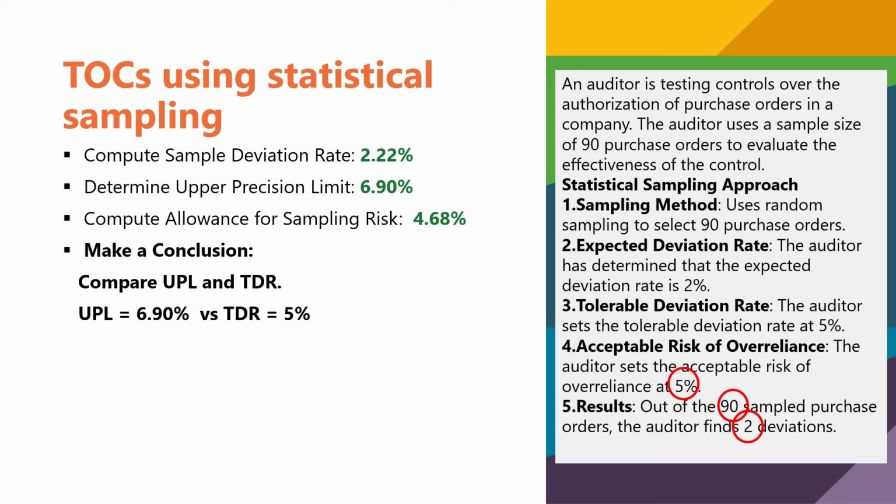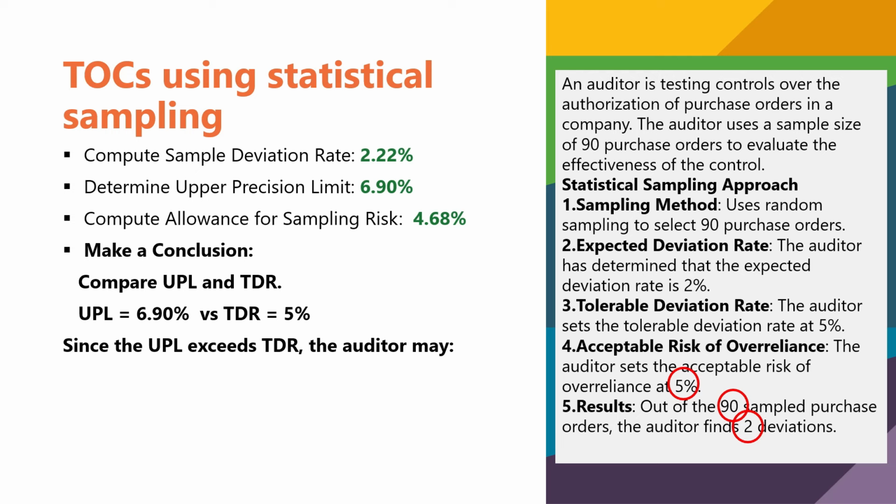It's kind of like saying, based on the results of the statistical sampling approach, the achieved precision limit is actually 6.9, but we are only willing to accept 5. Therefore, the conclusion of the auditor would be that it would seem the controls are not reliable because it has exceeded what you are willing to tolerate.